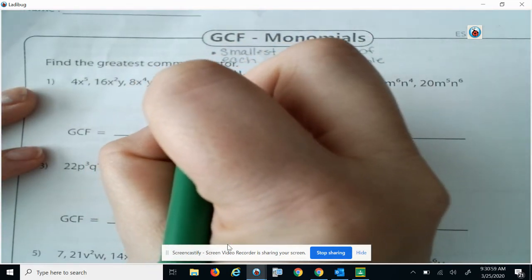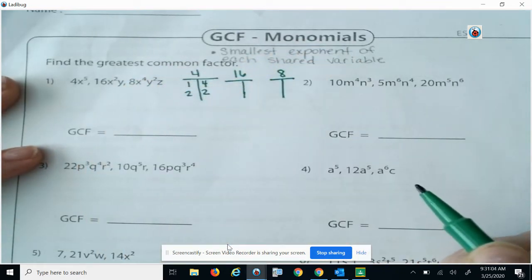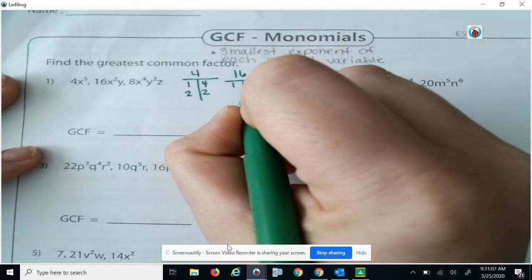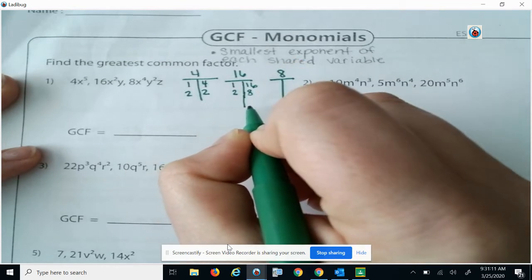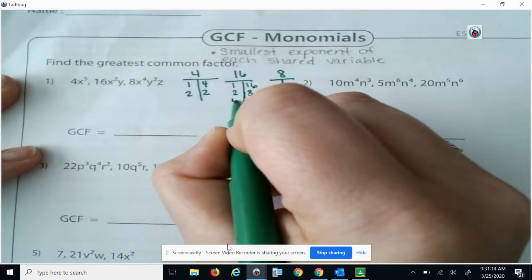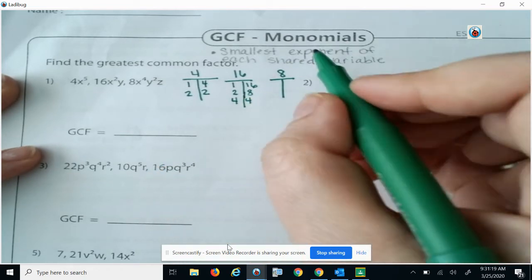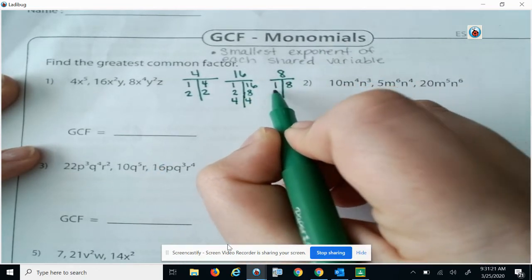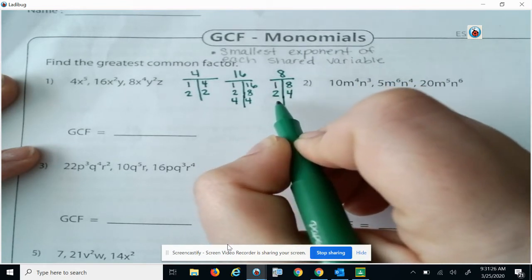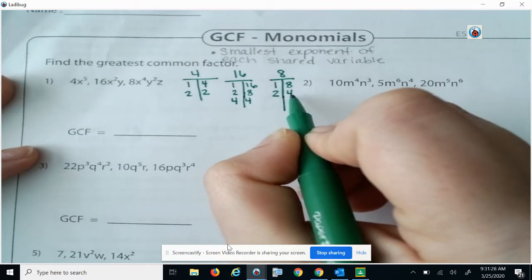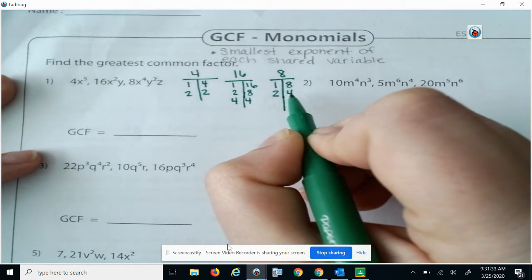So 4, we have 1 and 4, 2 times 2, double numbers, so we stop. 16, there's 1 and 16, 2 and 8, 3, can't divide by 3 and get a whole number. 4 times 4, there's a double number, so we stop. 8, there's 1 and 8, 2 times 4 is 8, 3, 8 divided by 3 is going to give you a decimal, 4 is our next number. It's already in the T-chart, so we stop.